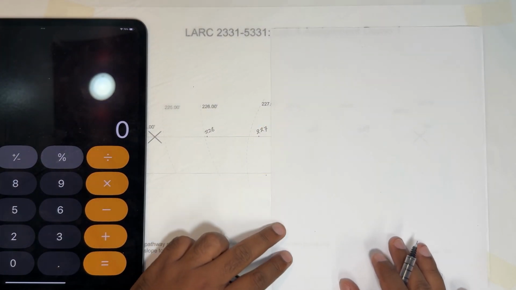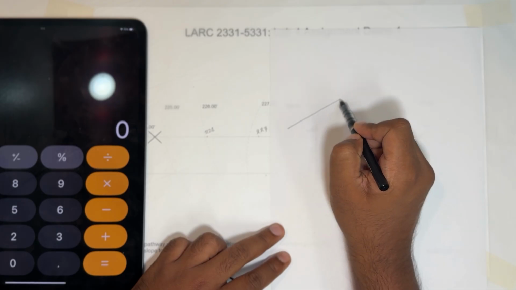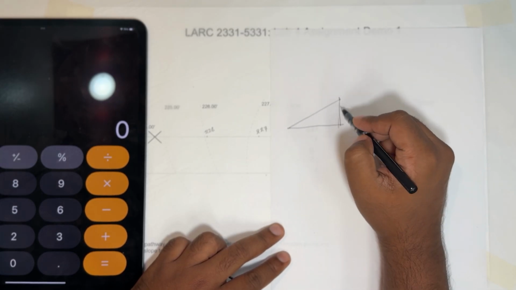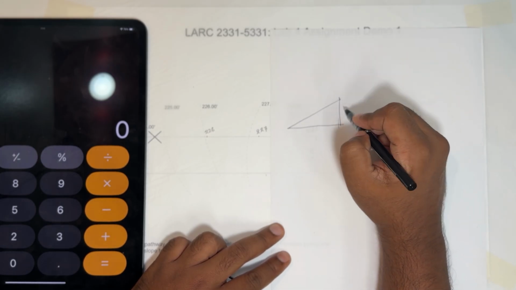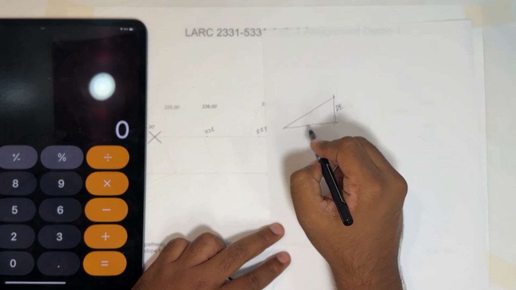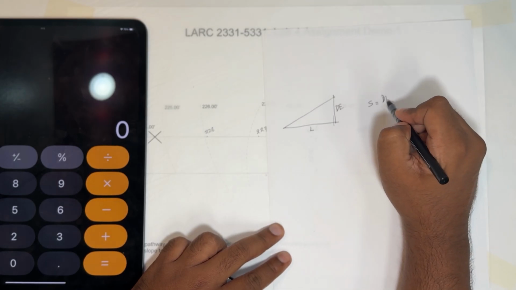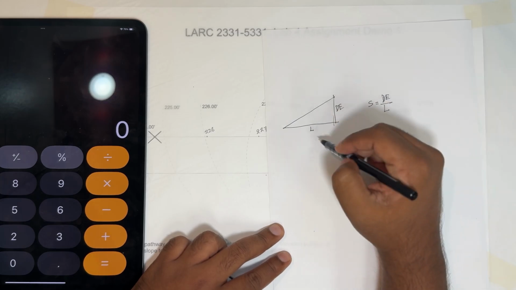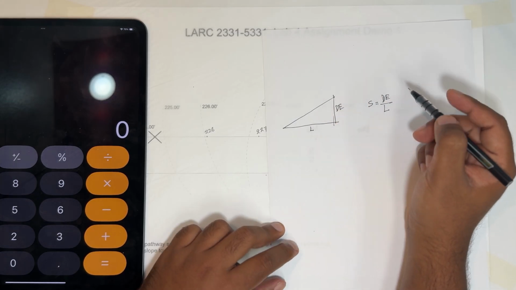Now for the calculation of slopes, we know the equation looks like this. If this is the vertical difference, which would be the difference in elevation dE, and this is the total length, which would be L, our slope equals dE divided by L, which could also be said as rise over run, but we will keep talking about dE by L in this exercise.